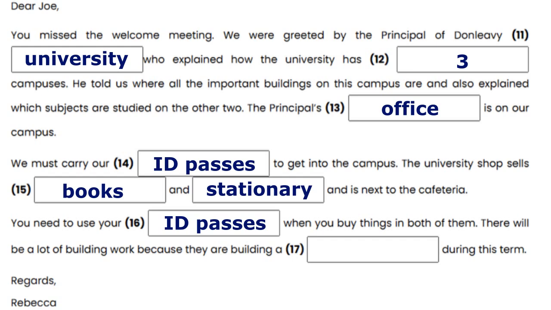So what's your answer to number 14? I didn't hear anything. I don't know what happened though. But number 14, I wrote ID passes. But I think the answers came before. See, no. The answers came before.